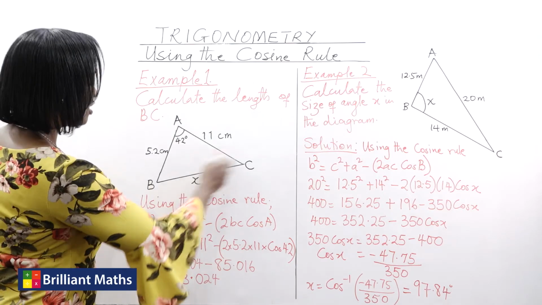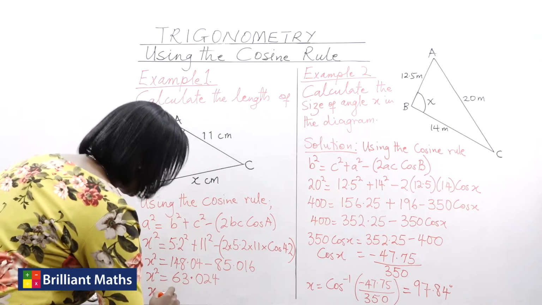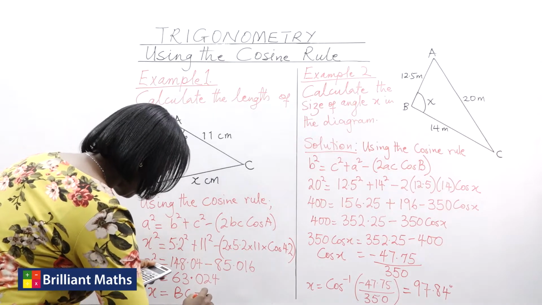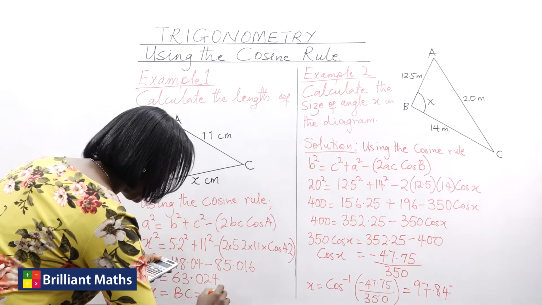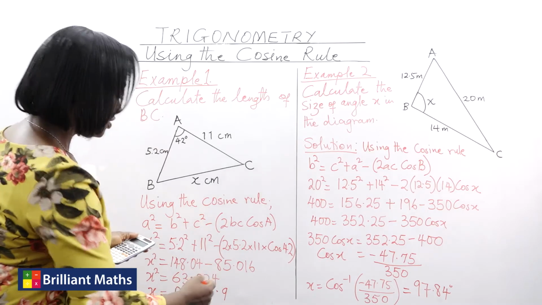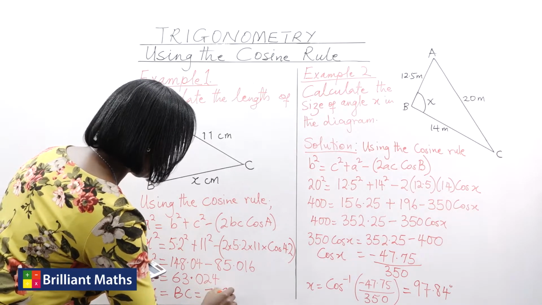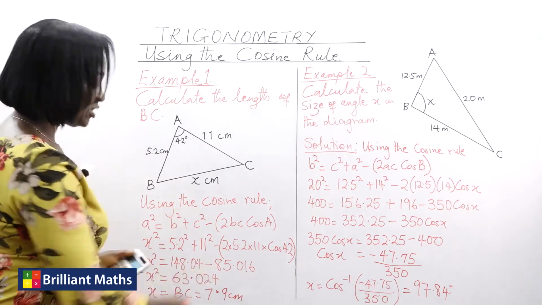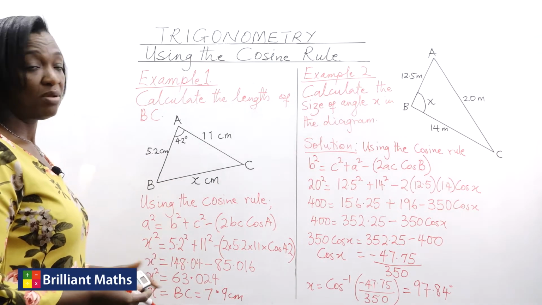So the length of BC, x, is equal to 7.9 centimeters. Since this one is to 1 decimal place, we can just leave it to 1 decimal place.